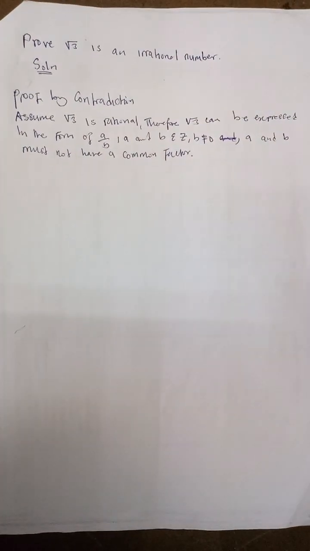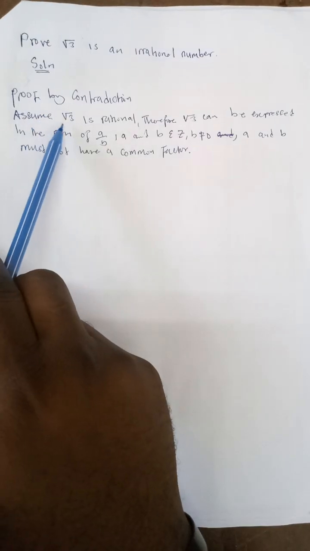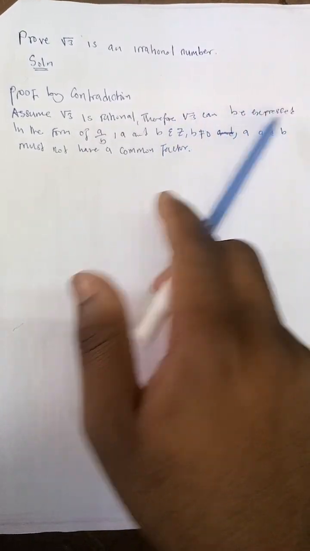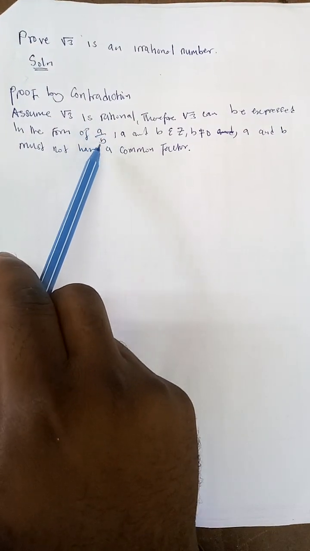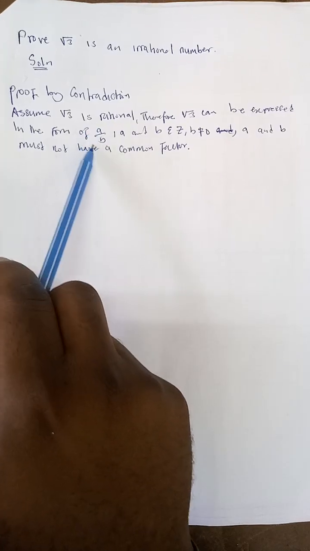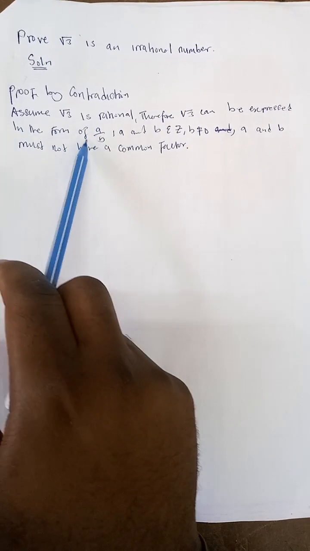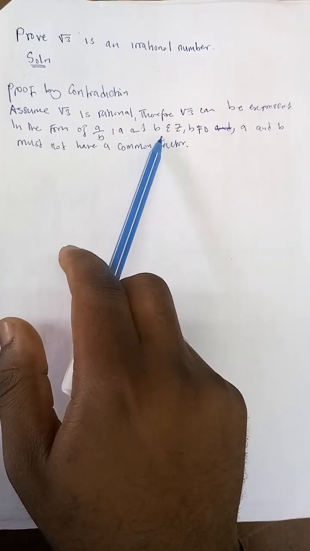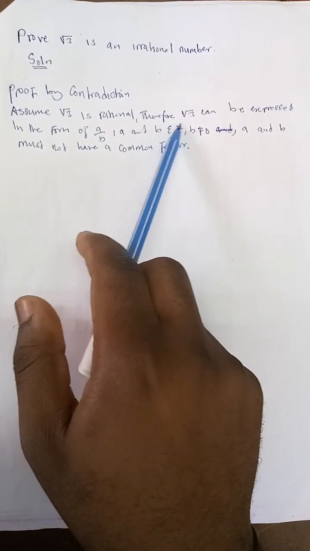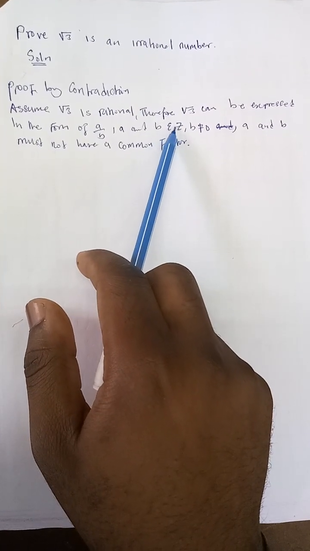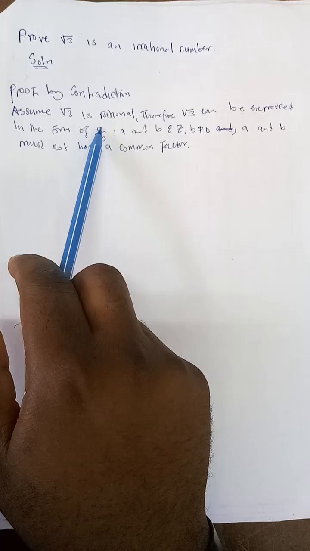After writing this statement, it's very important. We assume that the square root of 3 is rational, therefore it can be expressed in the form a over b. A rational number is a number that can be expressed in this form. I've said that a and b must be members of the integers; remember, Z represents integers.